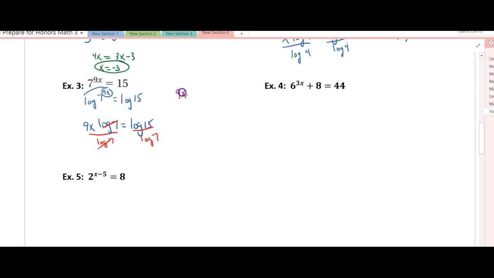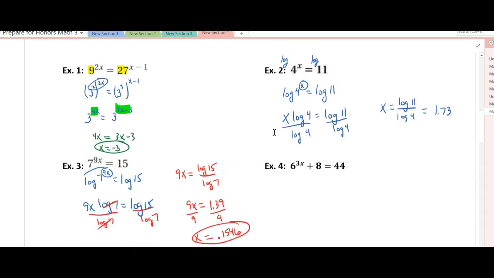So I would get 9x equals log of 15 over log of 7, which gives me 9x equals 1.39. And when I divide by 9, I would get x equals 0.1546, and I am done.